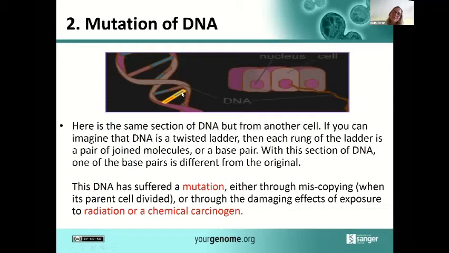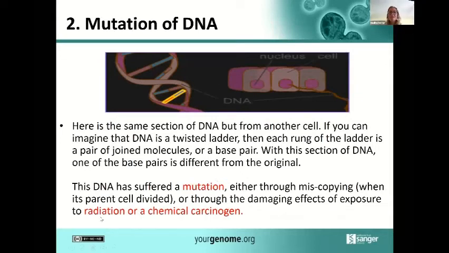But if one of these bases gets mutated, the A, T, G, C, if they change, that will cause a mutation, and it means that the new cell will not be the same as the original cell, and that could then cause cancer.